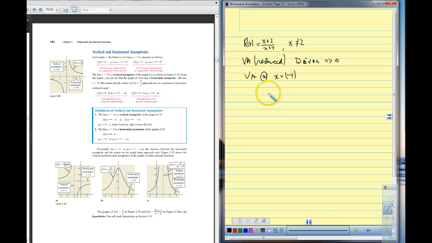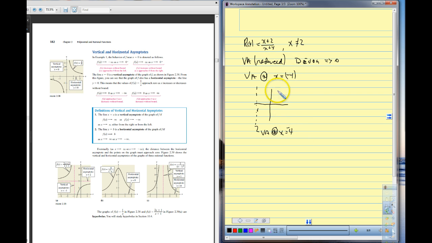Okay, so let's start our graph now for this simple one. We have our x and y axis, and we're going to say at x is equal to negative 4 we draw a line. We're going to come through here, and that's our VA. So we're going to label our graph VA at x equals, in this case, negative 4.